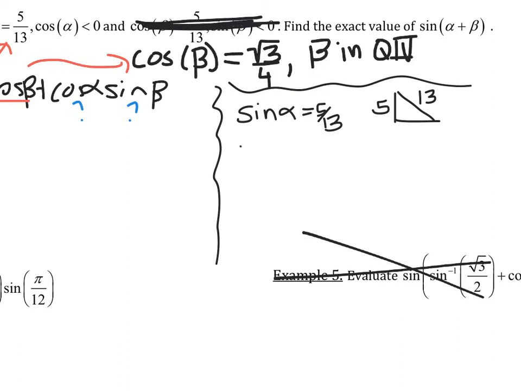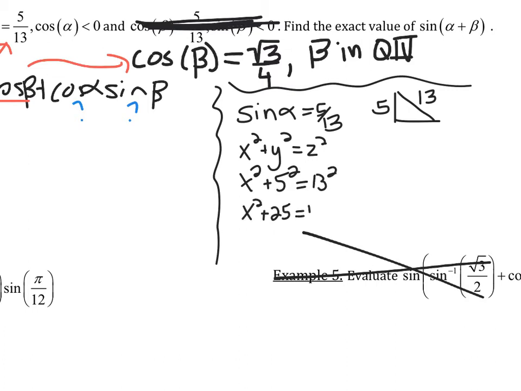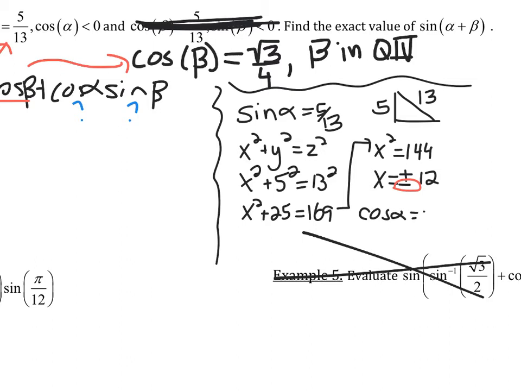We use the Pythagorean identity, x squared plus y squared equals r squared, which means x squared plus 5 squared equals 13 squared, x squared plus 25 equals 169, x squared equals 144, and so x equals plus or minus 12. But based on the quadrant that we're in, it's negative 12. Furthermore, we now know that the cosine of alpha is the x over the r, so negative 12/13.